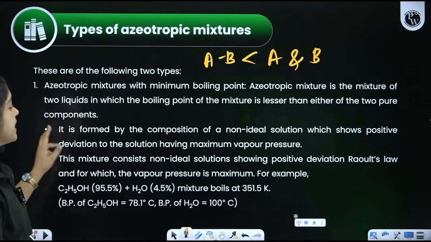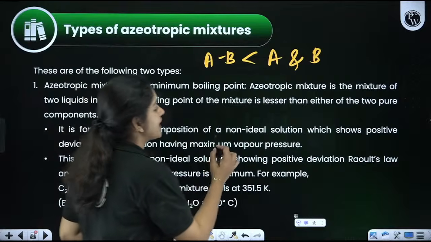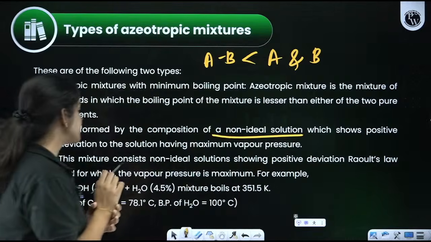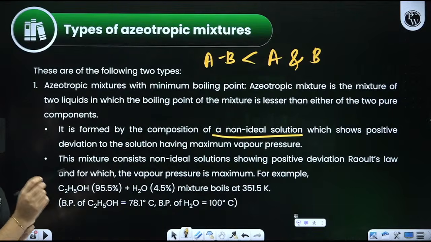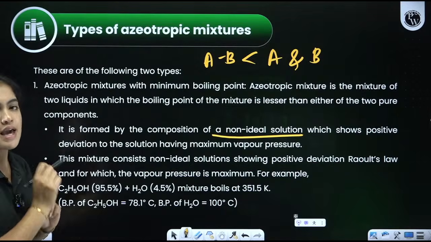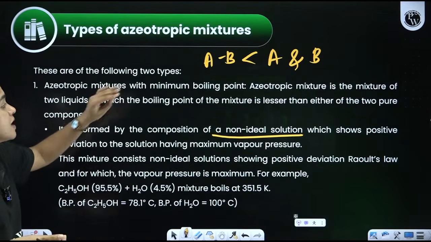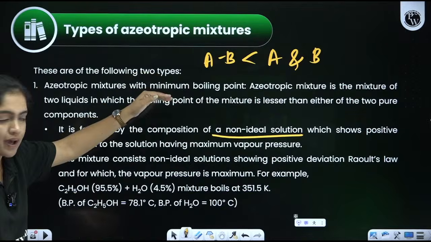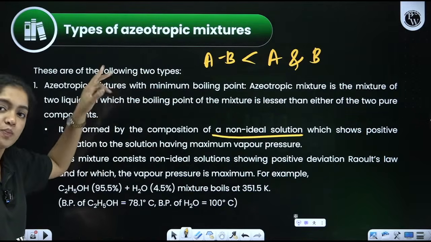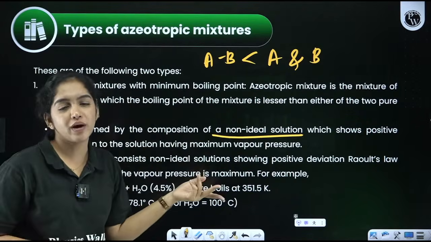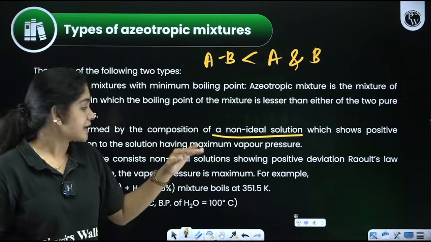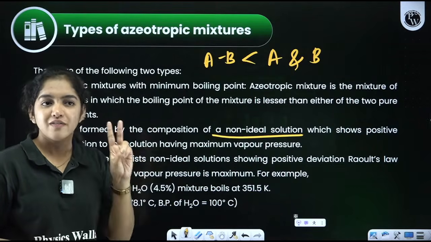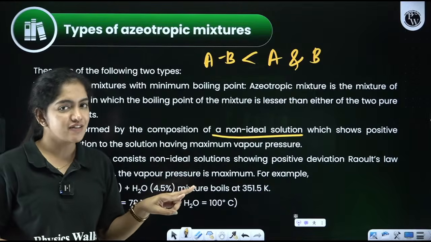Then, it is formed by non-ideal solutions which show positive deviation, having maximum vapor pressure, and it's like an opposite. Minimum boiling point is shown by positive deviation. So maximum will be shown by what? Negative deviation. Two cases are there. We learned about positive deviation and negative deviation, right?